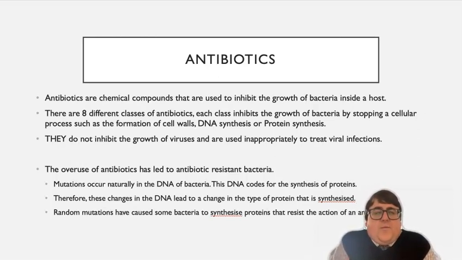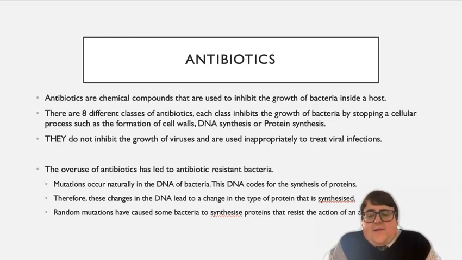So essentially, we've had random mutations that occur that allow bacteria to produce proteins that can resist the action of antibiotics. Now, that's going to happen naturally anyway. But it's especially successful if we have antibiotics in our environment, such as with livestock being used to help their growth and prevent them getting sick.